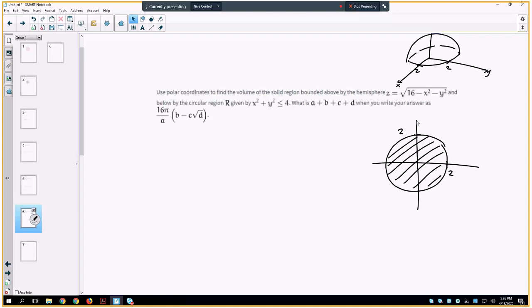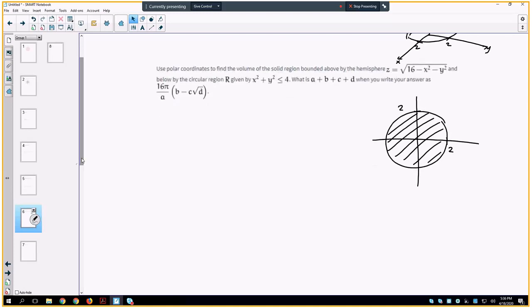And clearly it's going to be easier if we translate to polar coordinates, because the shapes that we have, the circle and the sphere, those are exactly what polar coordinates are all about. All right, so let's first change our function in terms of theta and r.